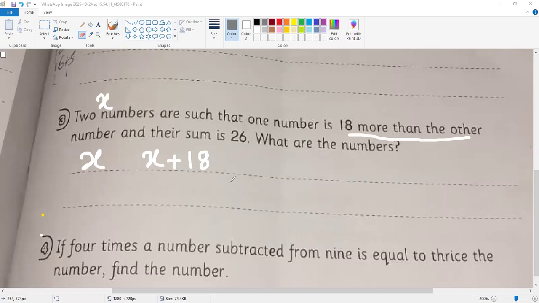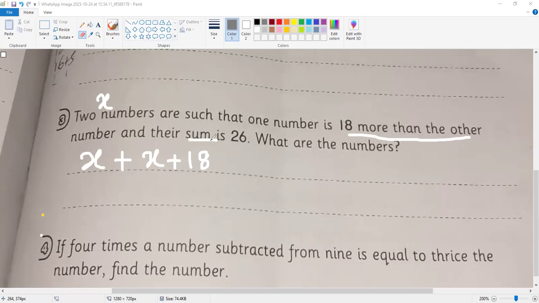Since they said sum, it means I'm going to add them both. Do we get that? I repeat again. Let the first number be x. The second one is 18 more than the first, so that's x plus 18. And then I place them in a separate position like this. In the space in between them, I'm putting a plus because of the keyword sum.